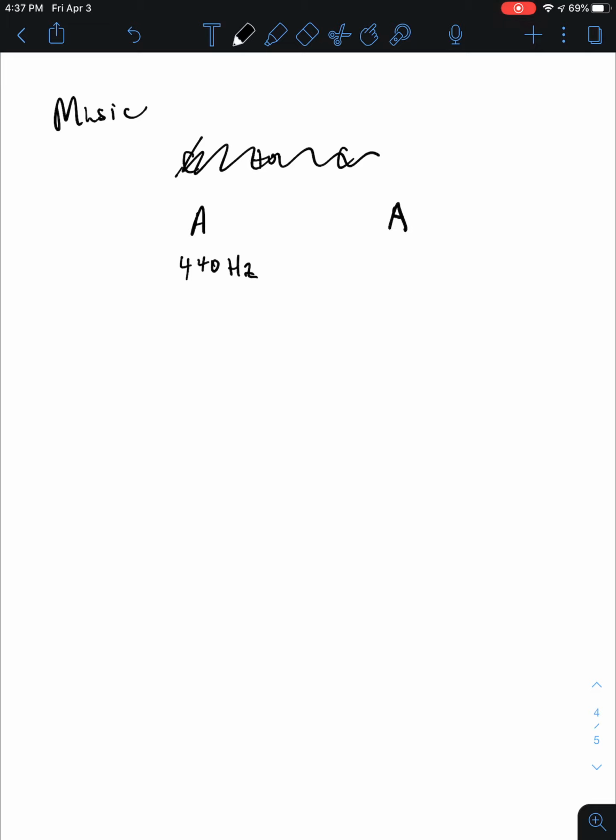And then we're going to go up to the next A up, and we double the frequency there. So A 440 to A 880 is what we call an octave. And that actually has something to do with the word number 8. That's Latin for related to 8, but let's just ignore the 8-ness of it.